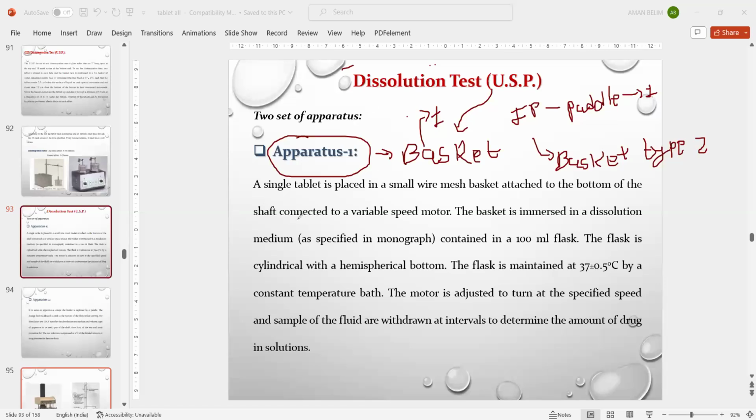Now, the dissolution test is very important for products of oral solid dosage form which are given orally. Passing the dissolution test is a very important criterion for getting market approval, right?